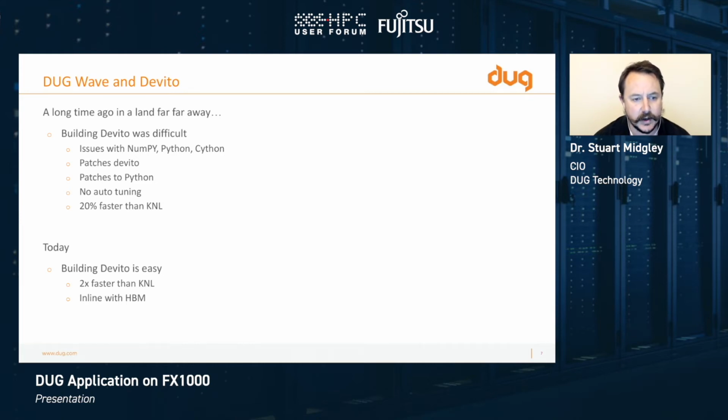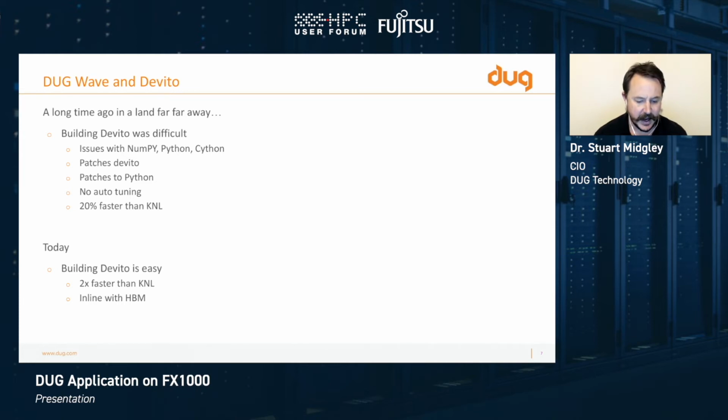We couldn't get the auto tuning to quite work, so I had to manually set the patch sizes to run inside the FWI. But with a couple of days work, we were able to get it to run about 20% faster than our workhorse Knights Landing, where we've done a huge amount of optimization.